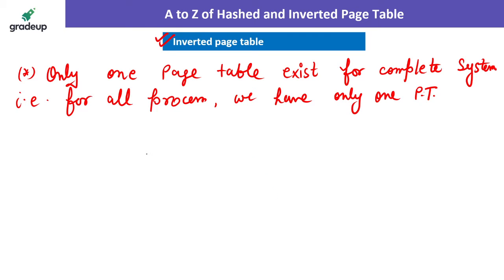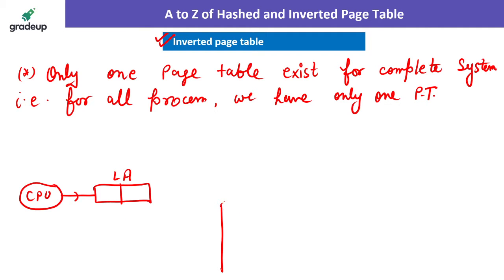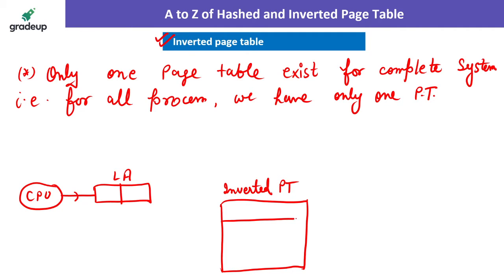So in the inverted page table, as you know, we have a CPU, and the CPU will generate the logical address. We have an inverted page table, and in it we have as many pages as the total number of frames.